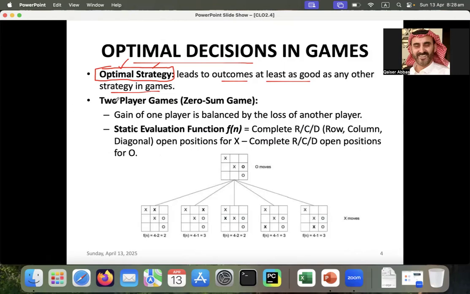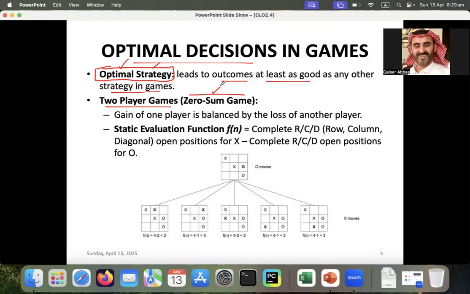So we are going to discuss this with simple concepts, and here we are going to take the concept of two-player games. When in a game you have only two players, these games are called zero-sum games. The title for these games is zero-sum games, when only two players are there.